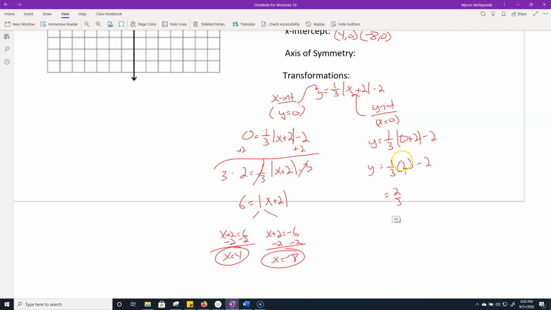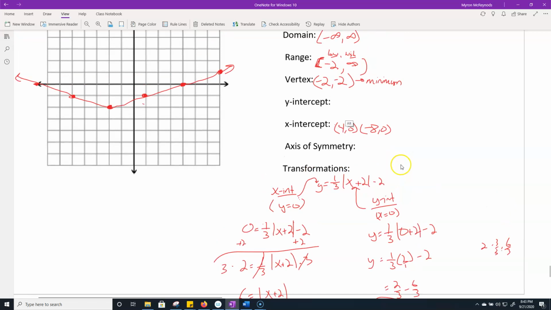You get 2 over 3, right? Minus, and I'm going to change this to a 3 on the denominator by doing times 3 over 3, which is 6 over 3, right? 2 over 3 minus 6 over 3 equals negative 4 over 3. So my y-intercept is negative 4 over 3. So it's 0, negative 4 over 3.